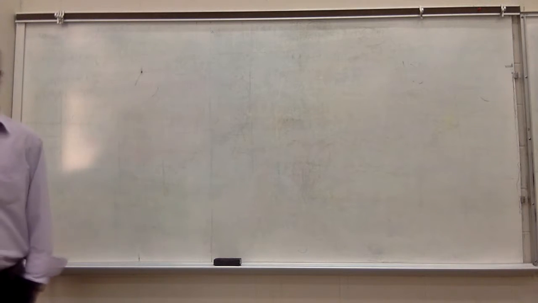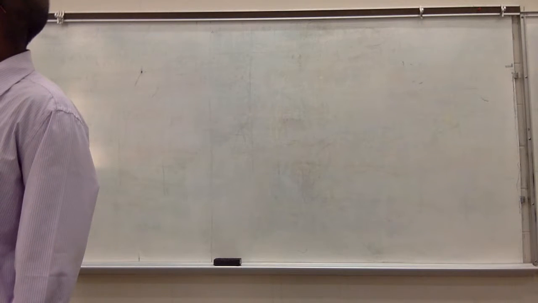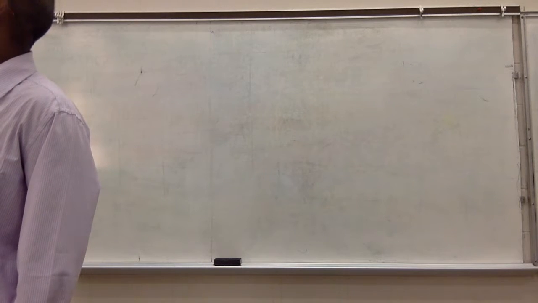So if you see, the initial orientation is this x, y, and z. Got it? The final orientation is x prime, y prime, z prime.